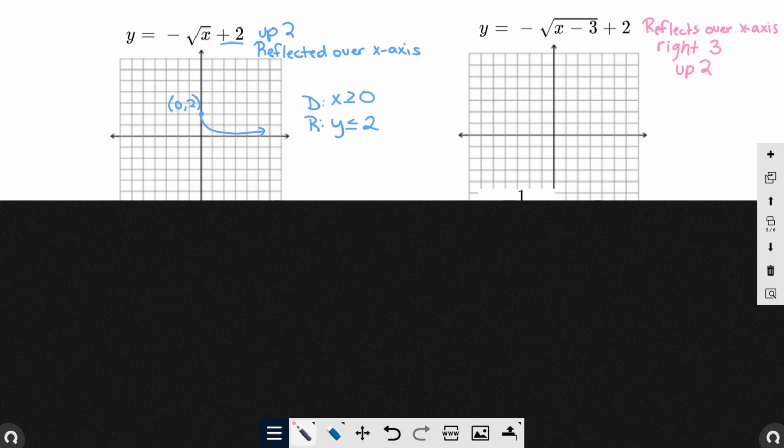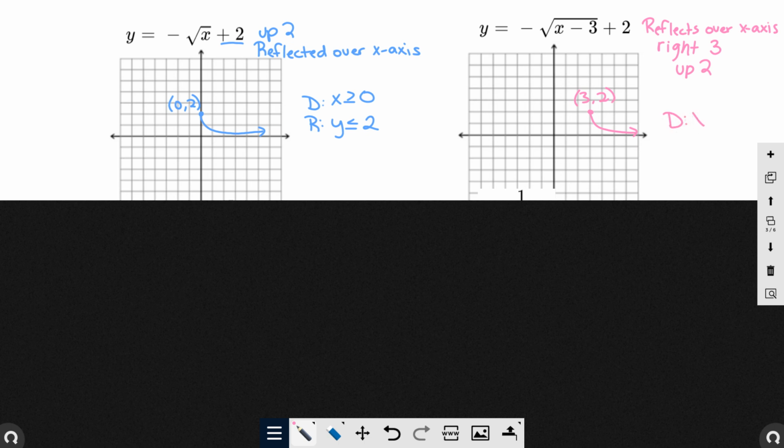So think about how it moves left, right, up, down first. So we're going to move right 3 and up 2. But then it's reflected, so it goes down and over. What are the coordinates of that point? 3, 2.